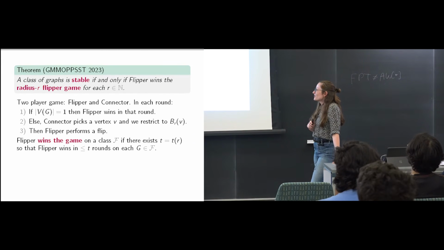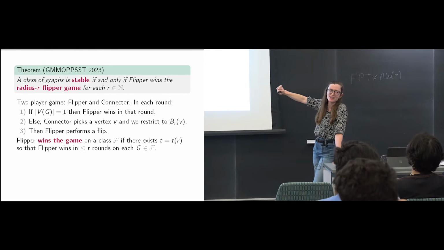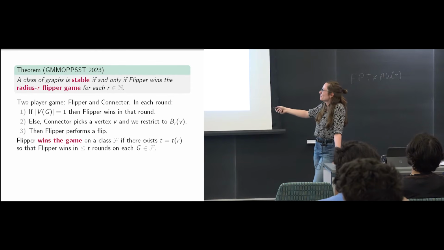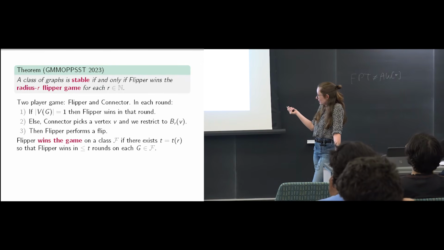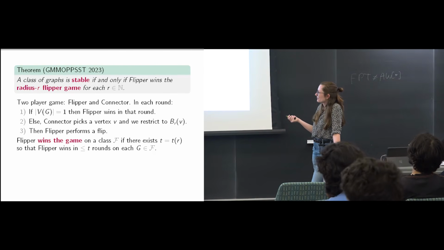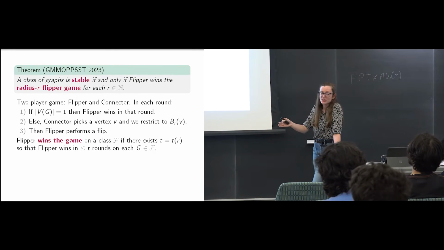And the goal is for the cops to catch the robber in a bounded number of rounds. So Flipper wins if there exists a bound on the number of rounds, which depends on r, so that for every graph in the class, they can win after at most t rounds. So the goal is to catch Connector after a bounded number of rounds.